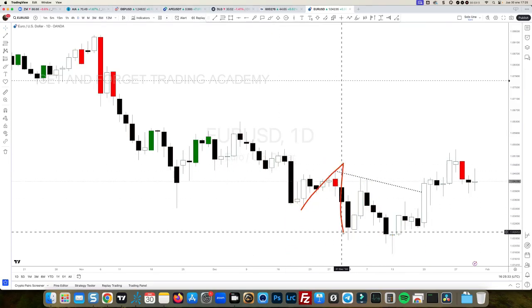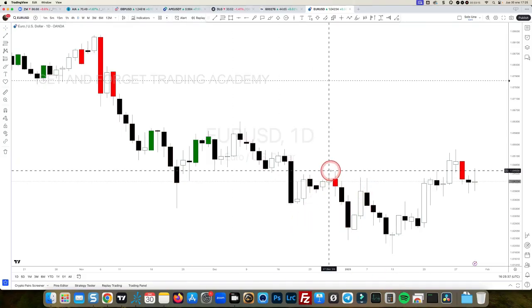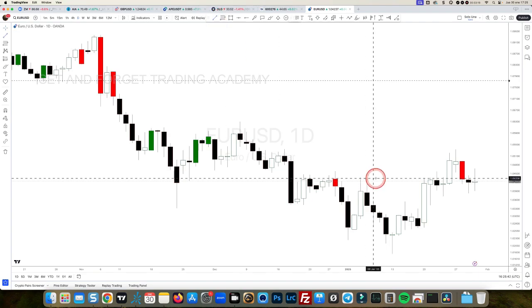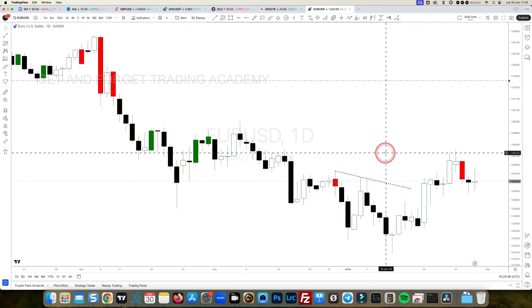It's textbook. So that would be the latest trend line on the euro dollar on the daily time frame, following the rules step by step, reading every single candlestick.